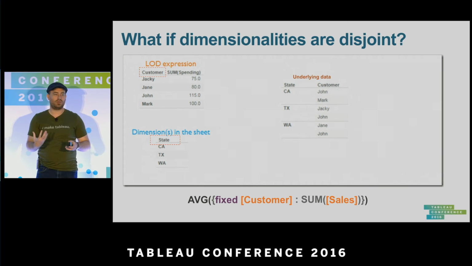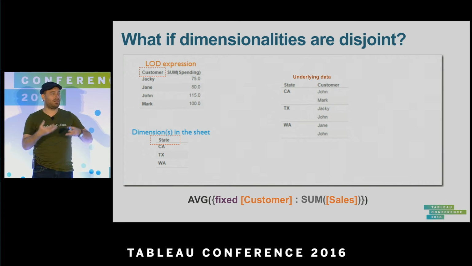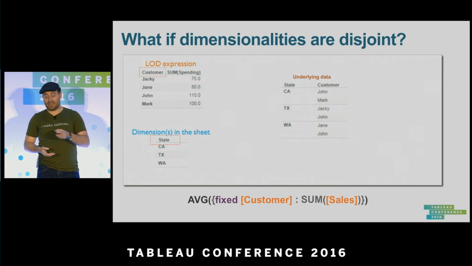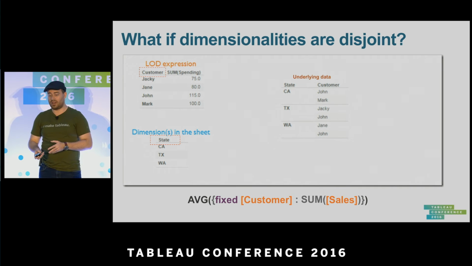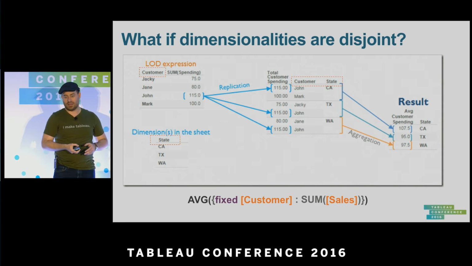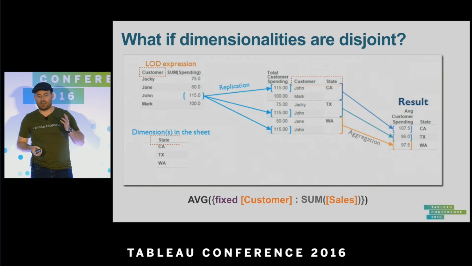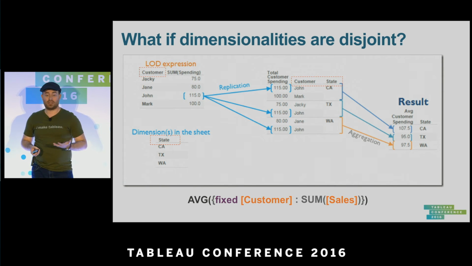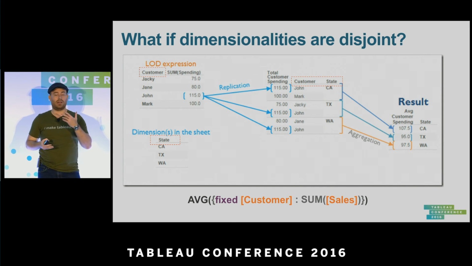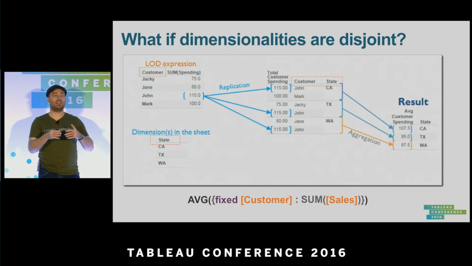Because what you're trying to do is understand your resident customers for your grocery store and how much money they spend. So you can actually force this with this really simple calculation, and it will do something crazy behind the scenes, which is this. First, it will compute the sum of sales for each customer. In this case, John spent $115 across multiple states, because you don't have state in the level of detail expression. It's not doing it for combinations of states and customers.